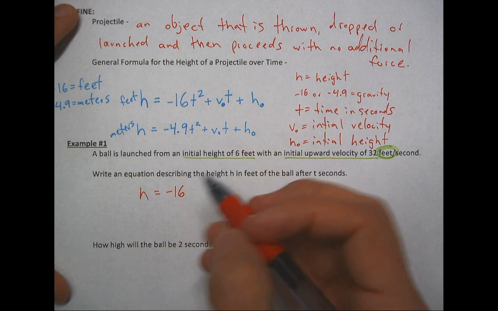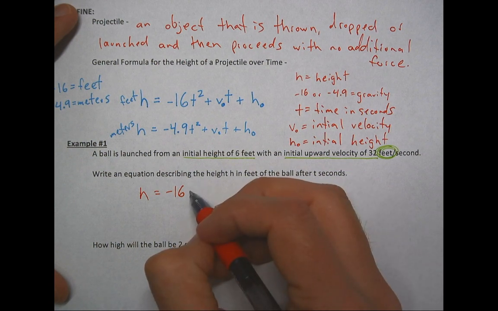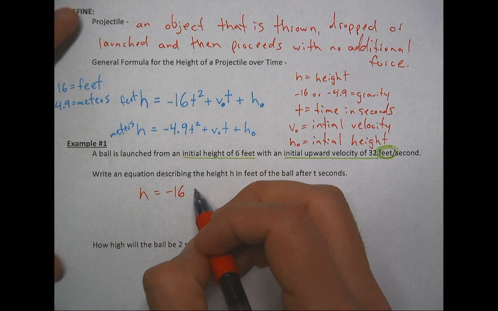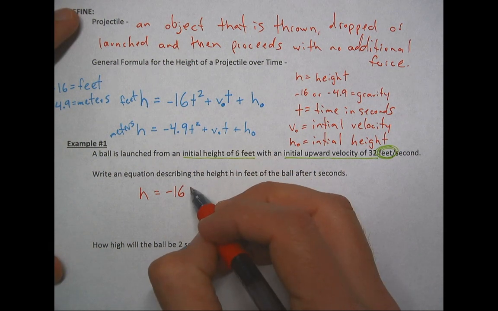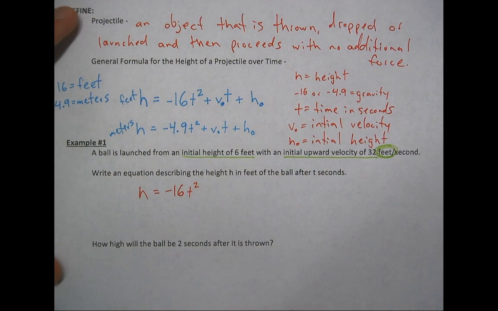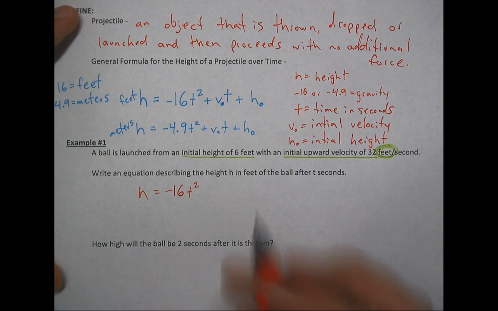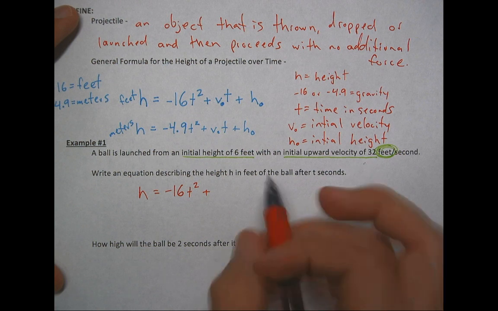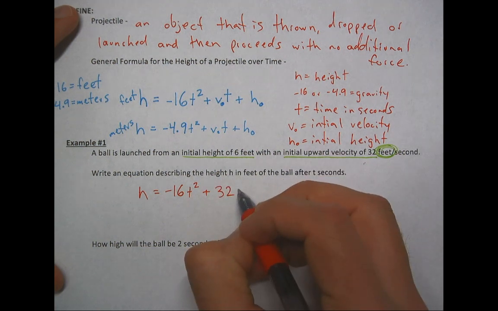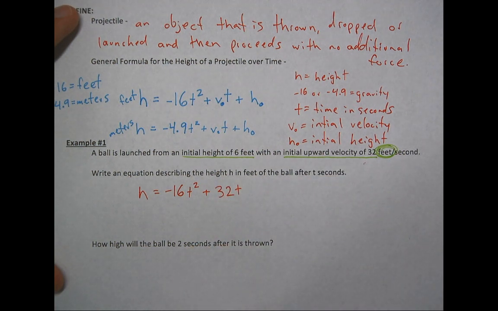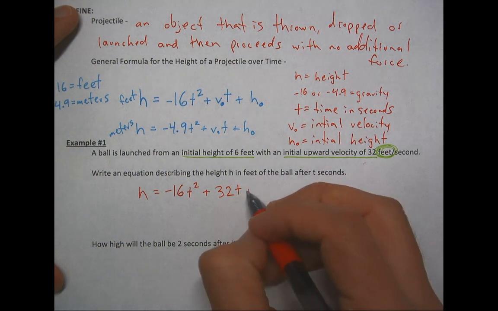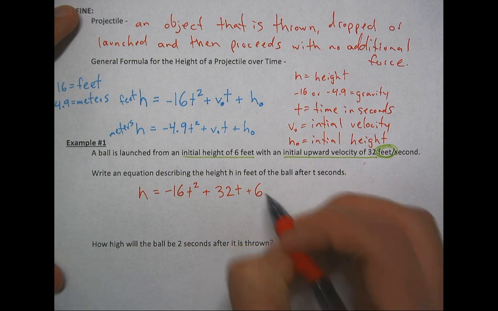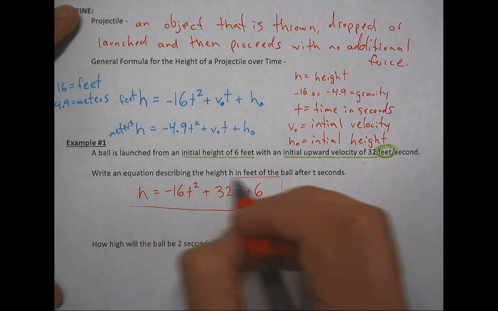I don't know the time that's passed yet, so I'm setting up an equation that, if I knew the number of seconds that it's been projected, would give the height. And so I'm just going to put t squared there. I don't know what t is. Plus my initial velocity of 32 times t, so times the number of seconds, plus my starting height, or my initial height, which was 6 feet. So this is my equation right here.